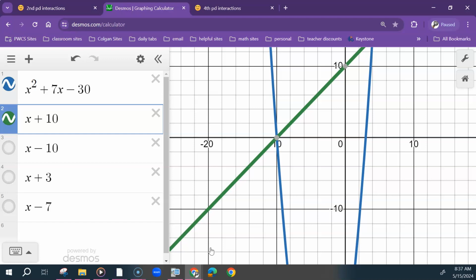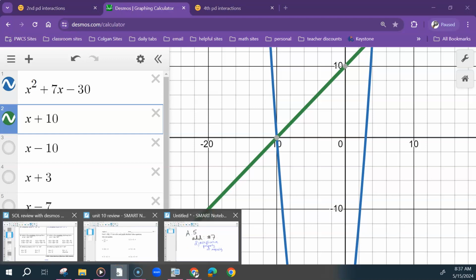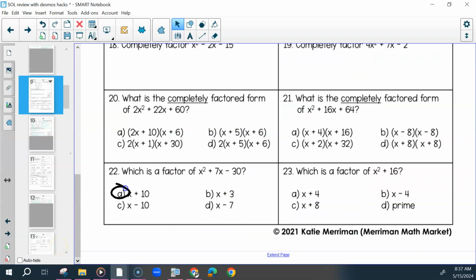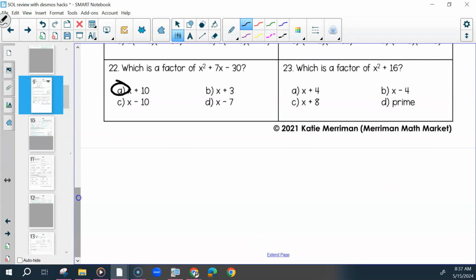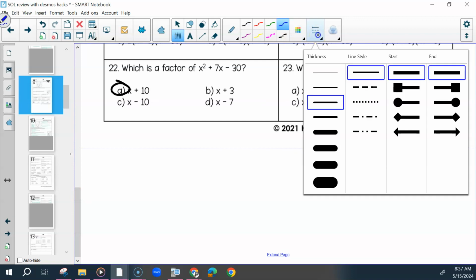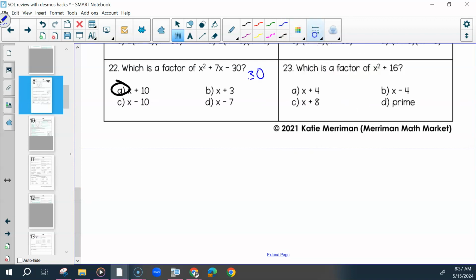If you were doing this by hand, you're looking for two numbers that multiply to be negative 30, but add to be 7. So you would think about your factors of 30: 1 and 30, 2 and 15, 3 and 10, 5 and 6.